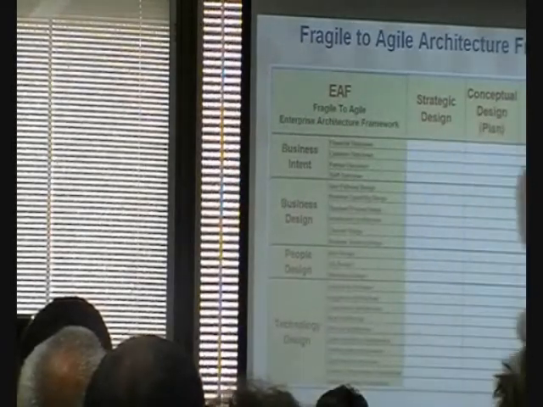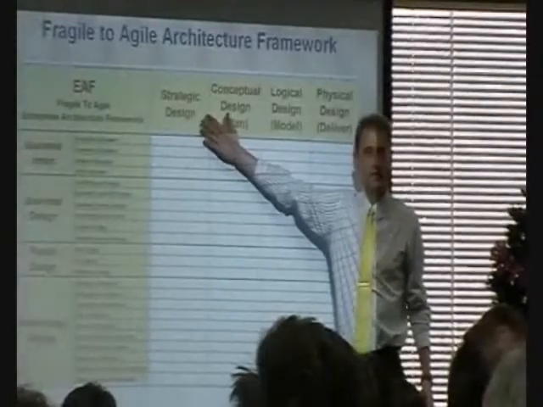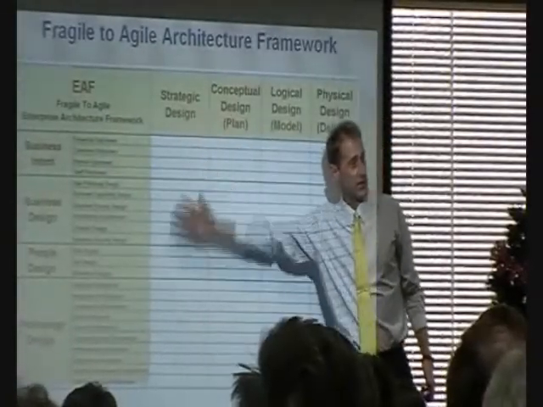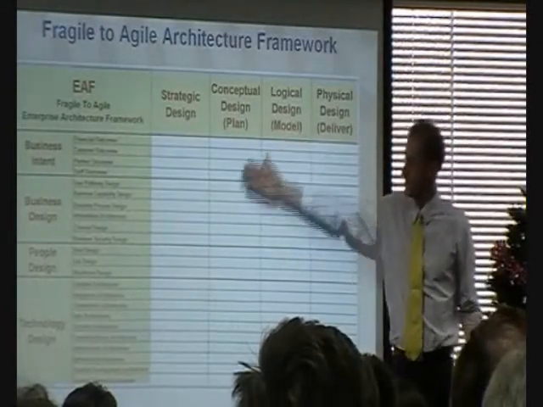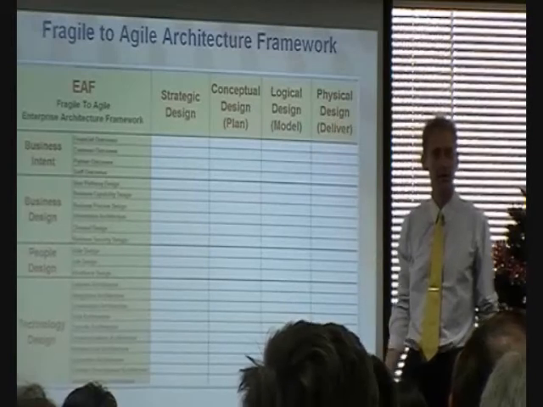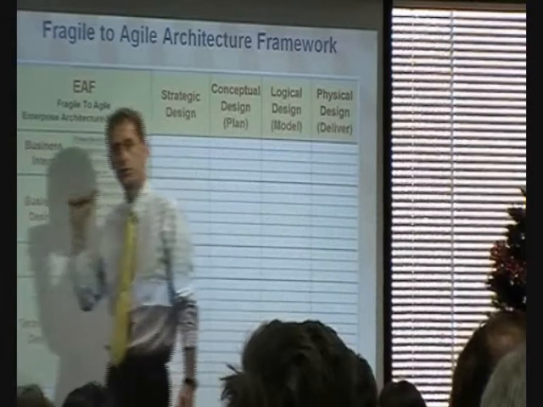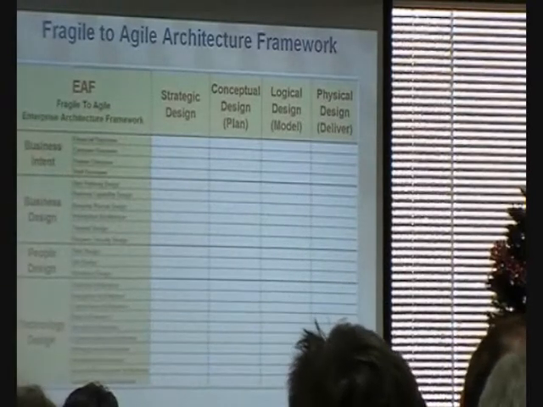And then going across the top, we've got strategic design, where you're doing your overall organizational design, then your conceptual design for solutions, then logical or detailed design, and finally delivery. Critically, the same framework supports all four, start to finish.